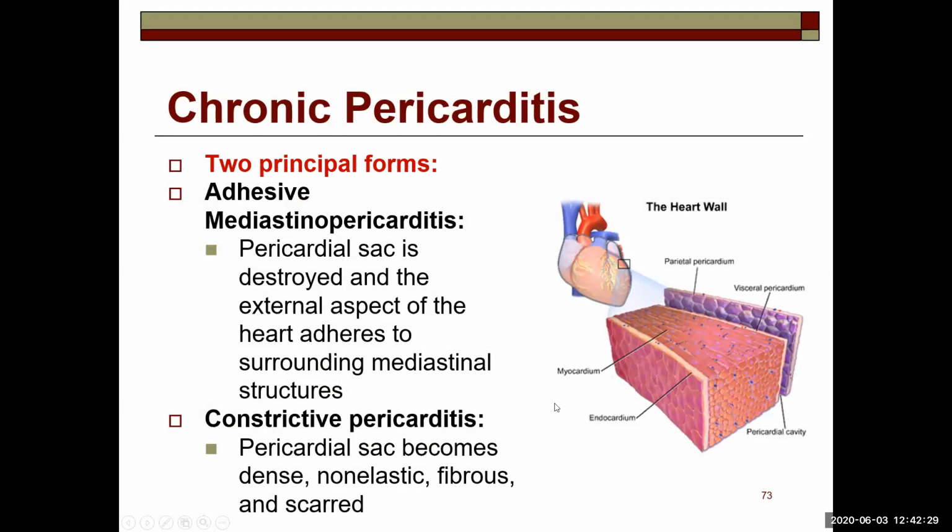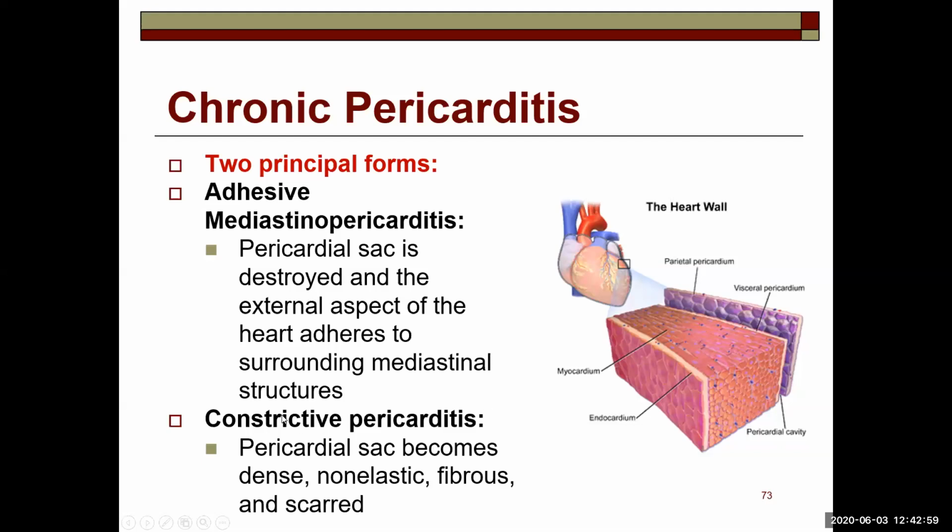So chronic is more serious because it involves more of the muscles, not only the epicardium, but the whole myocardium, and sometimes it gets into the endocardium, which touches the visceral pericardium there. So, mediastinal pericarditis, okay? It sits in the mediastinum, if you remember, the heart. That's where the name comes from.